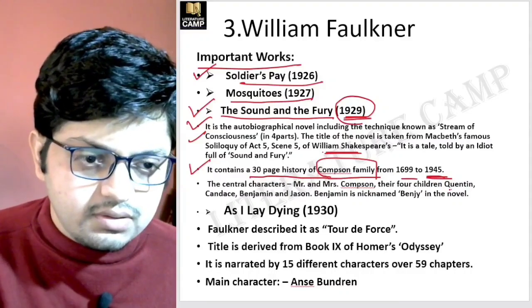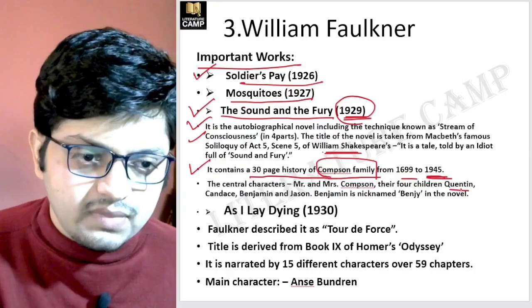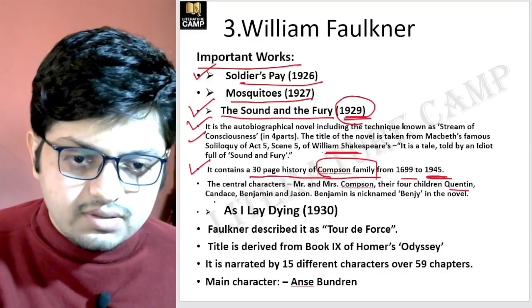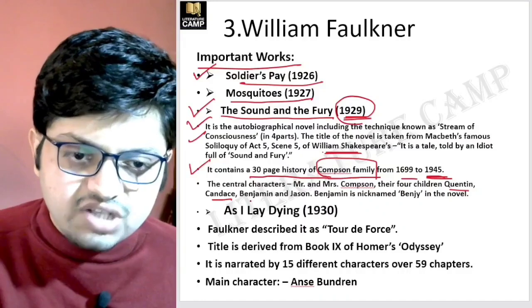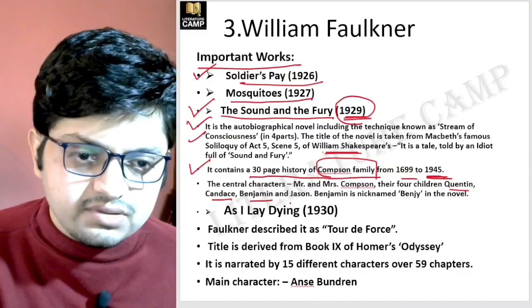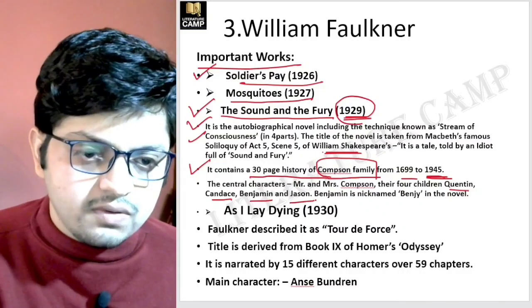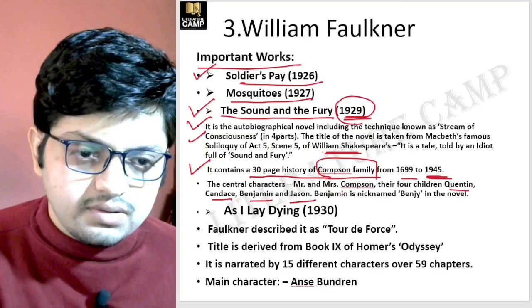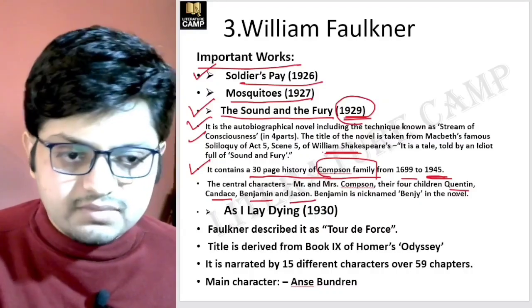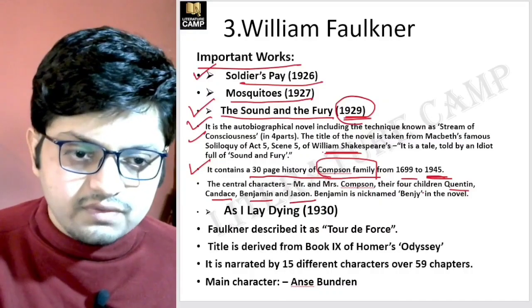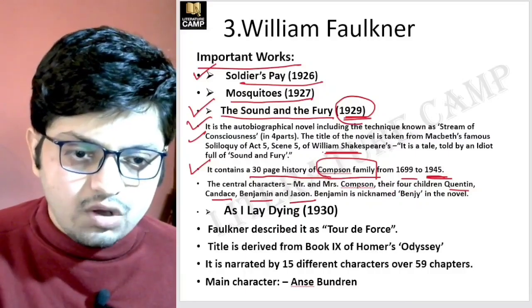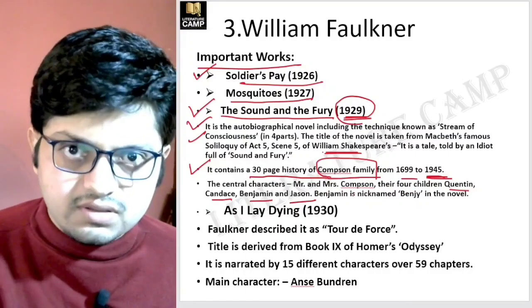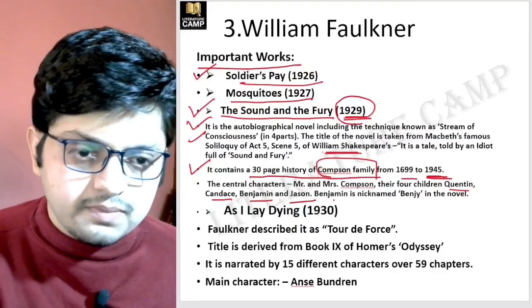Quentin is the first name, Candace, Benjamin, and Jason. So these are the names of the 4 children of Mr. and Mrs. Compson.